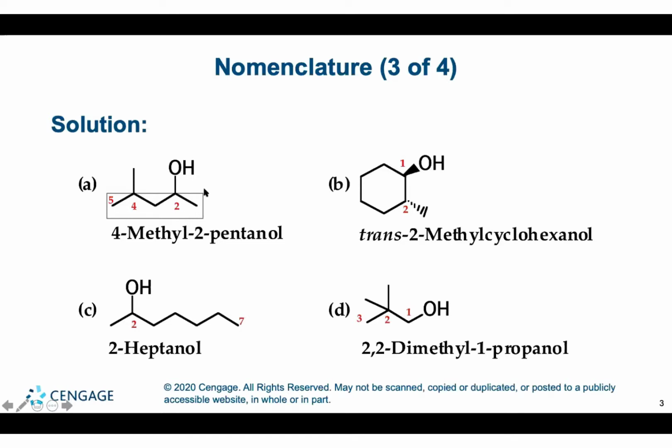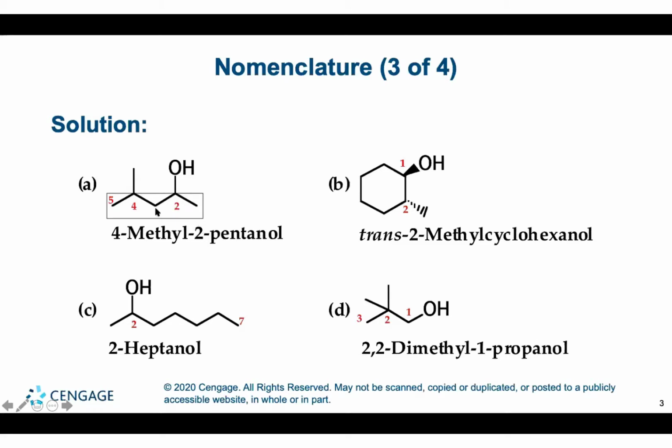From the right side, because I reach the OH group sooner. It doesn't matter if I have another methyl group in the compound. The important part is that we should reach the OH sooner when we number these compounds. So I start numbering from the right side.